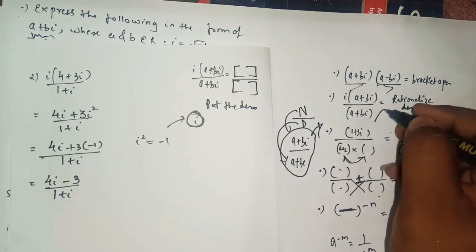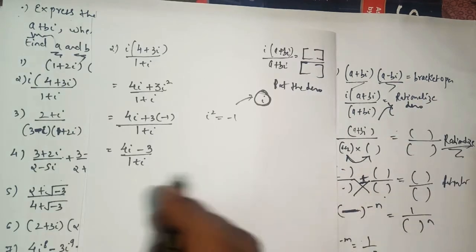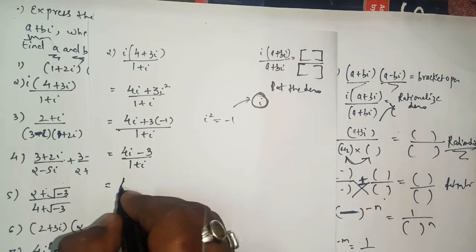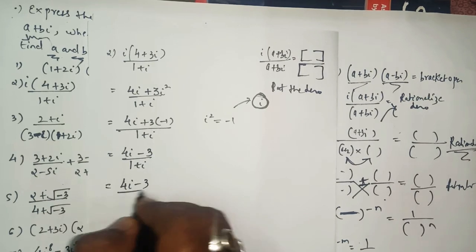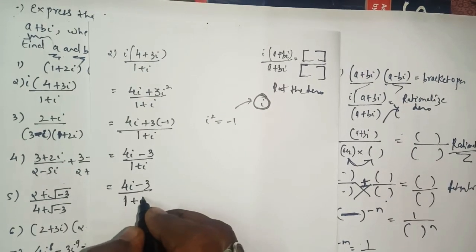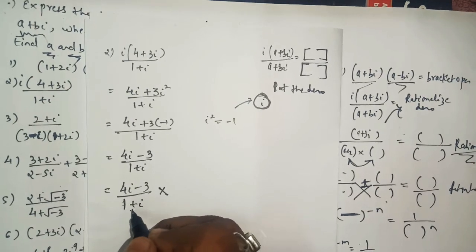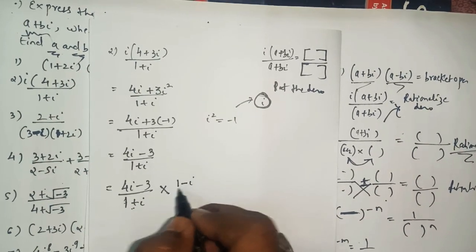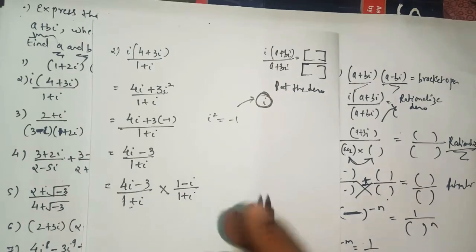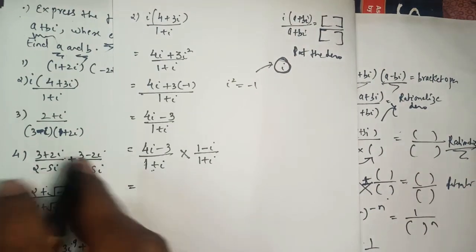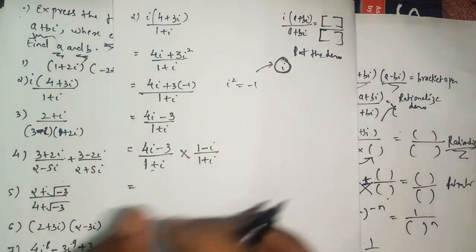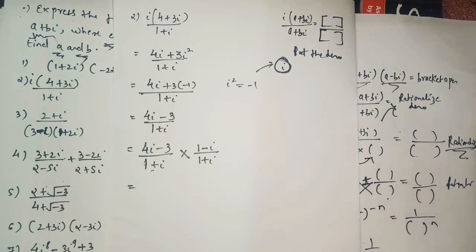Rationalizing the denominator. So now let's begin how to rationalize the denominator with the conjugate property. I hope you all know what the conjugate property is. Simply you have to change the sign of i, so this will be 1 minus i upon 1 plus i. Okay, basic algebra, as all these things you had studied in your lower standard.